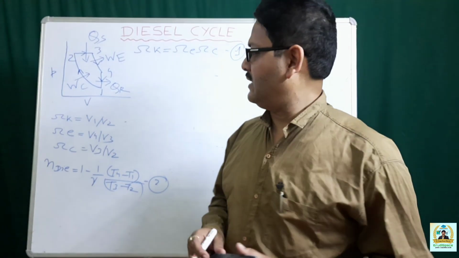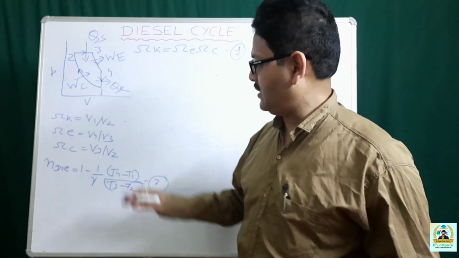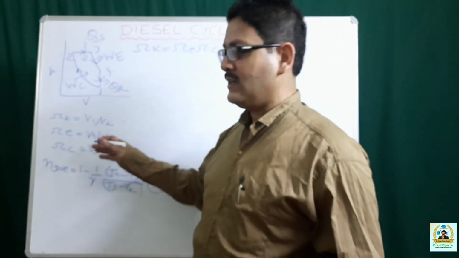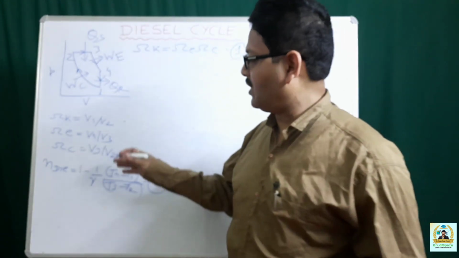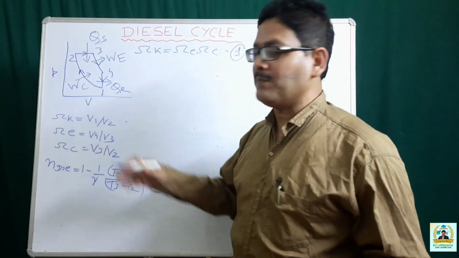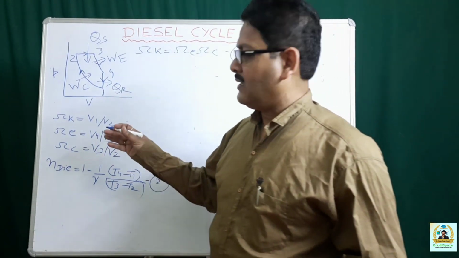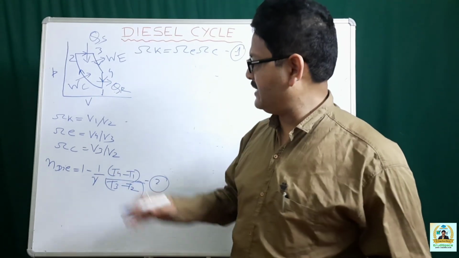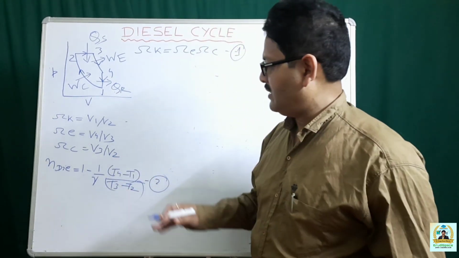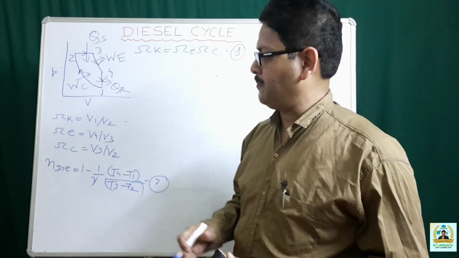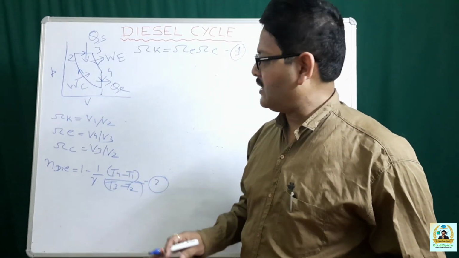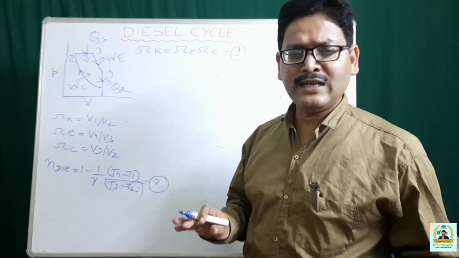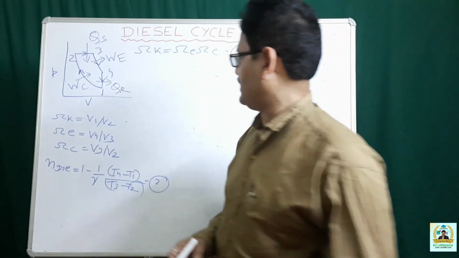Now we'll actually derive an expression for the efficiency of the Diesel cycle in terms of different ratios, and that can be done if three of the temperatures are represented in the form of a single temperature. And it is observed that the simplification of the expression can be done if T4, T2 and T1 are represented in terms of T3.